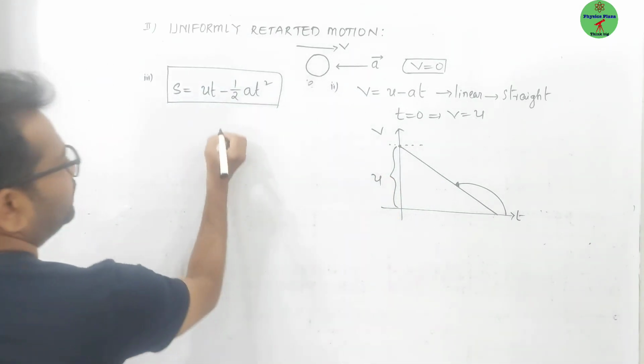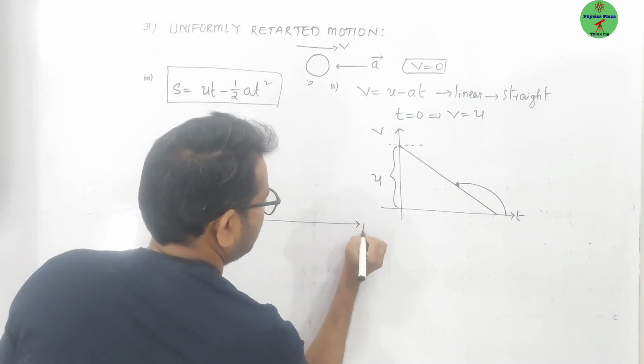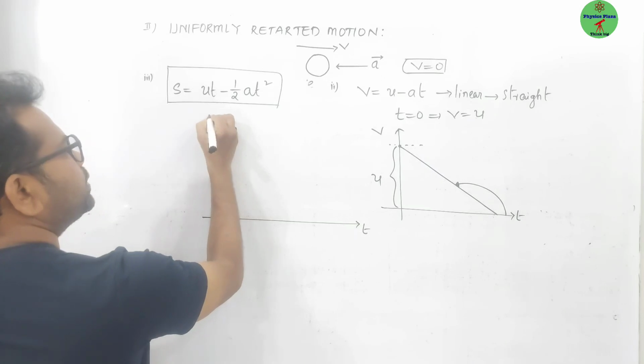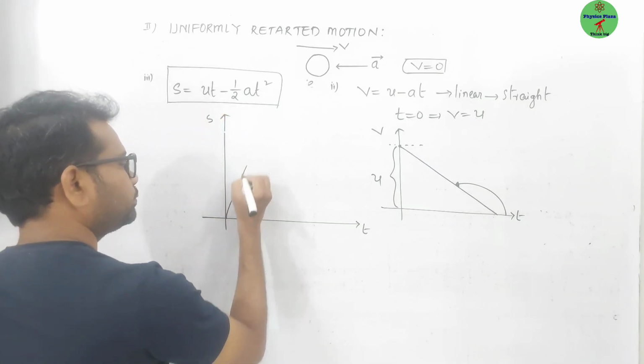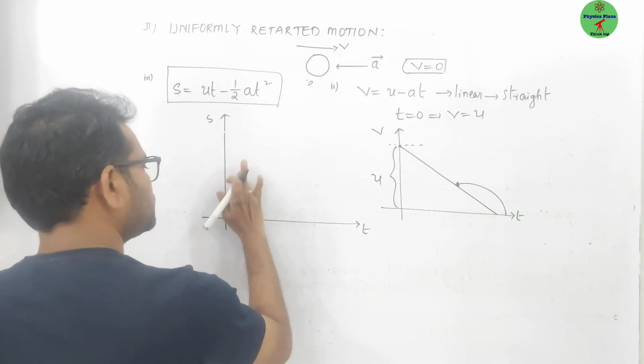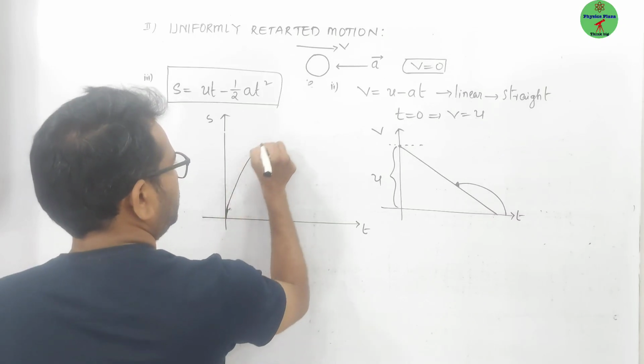Now let us draw the graph, children. Here is the time axis. Here is the displacement axis. So it is going to start like this, and the slope keeps on decreasing.